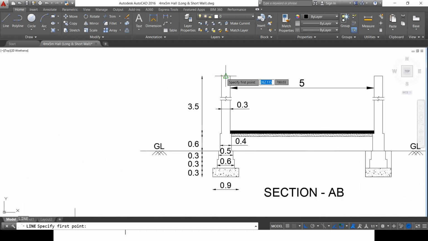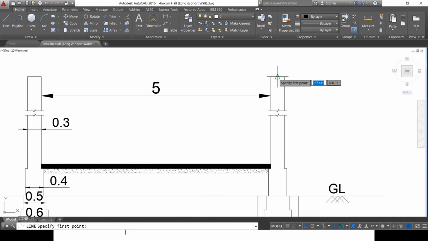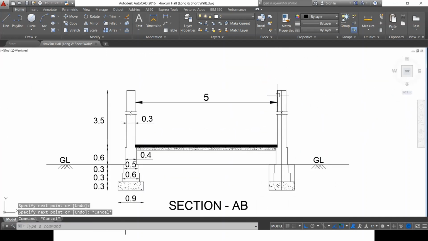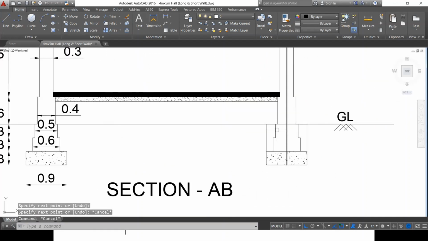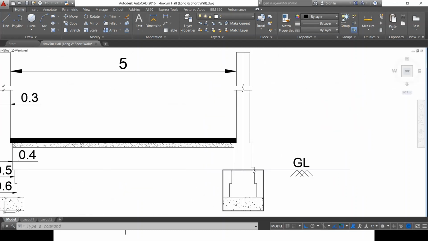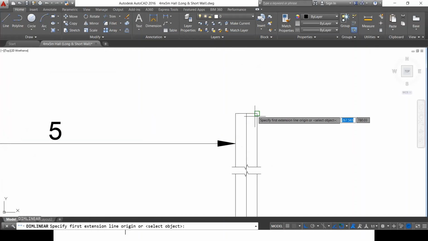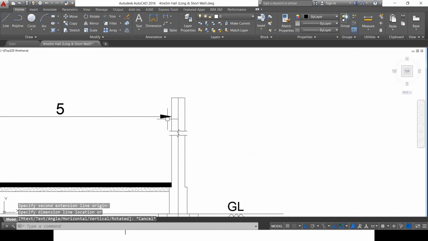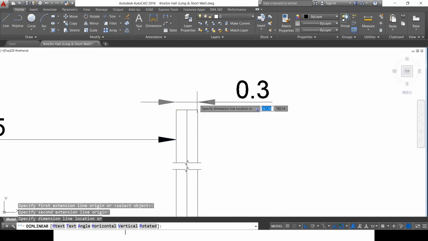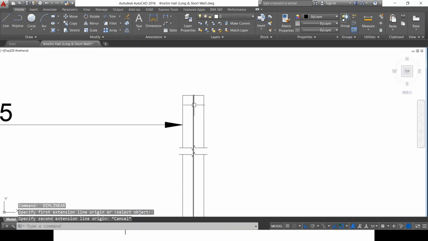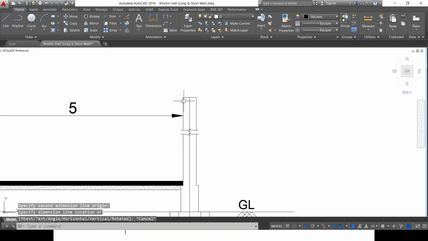If I mark the center line as I showed you in the previous case, this is the center line, the center of the wall, and also the center of the plinth, first footing, second footing, PCC, and also the excavation. If I measure the distance from here to here, because it is a 30 centimeter wall as shown here, the distance is 0.3 meter, and half of it is 0.15 on the right hand side, and on the left hand side it is 0.15.